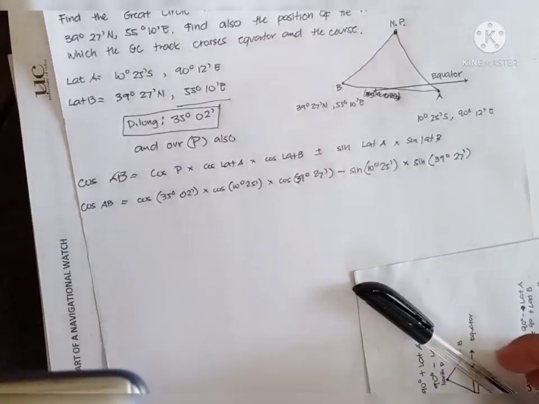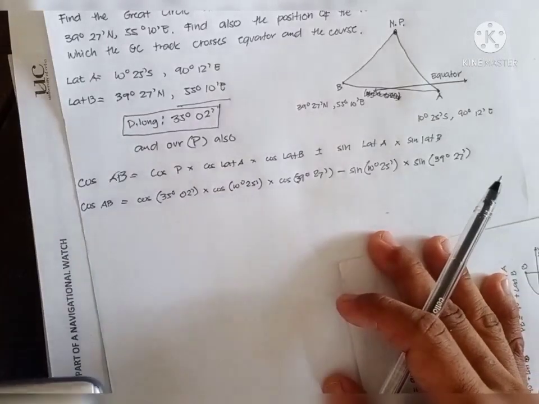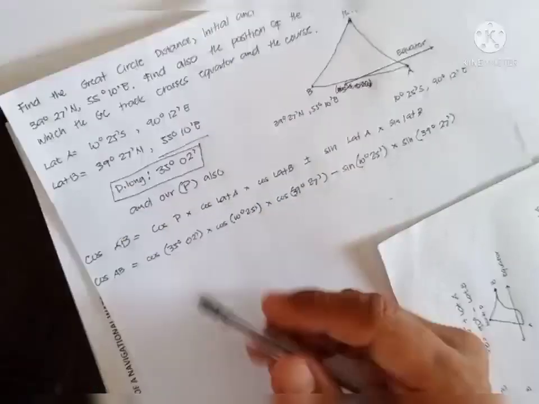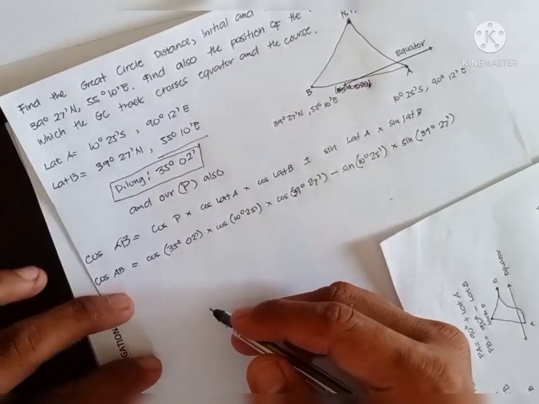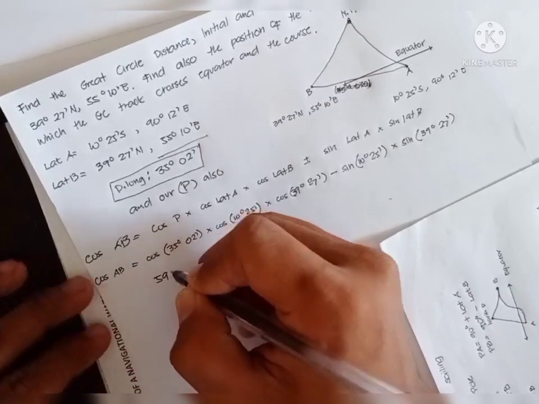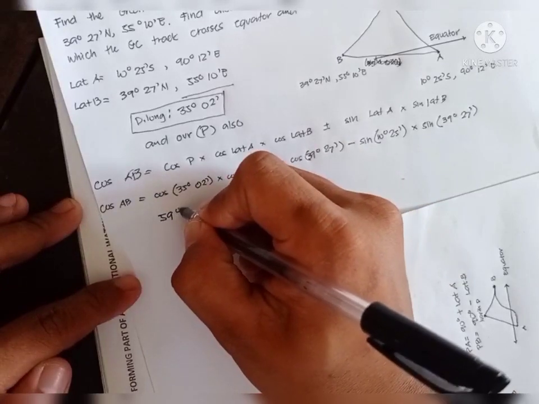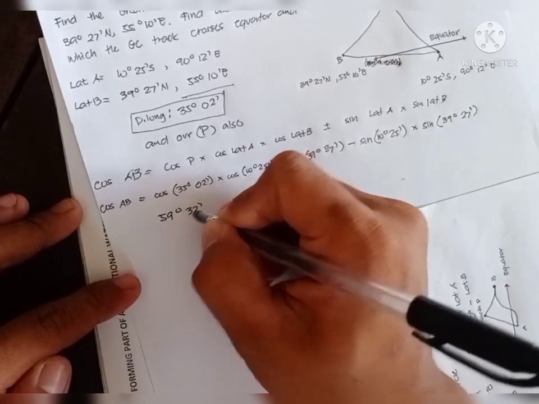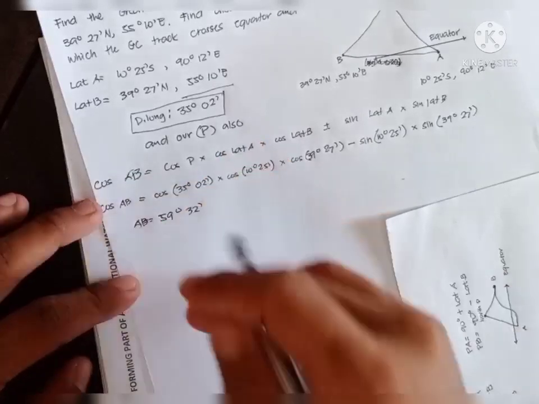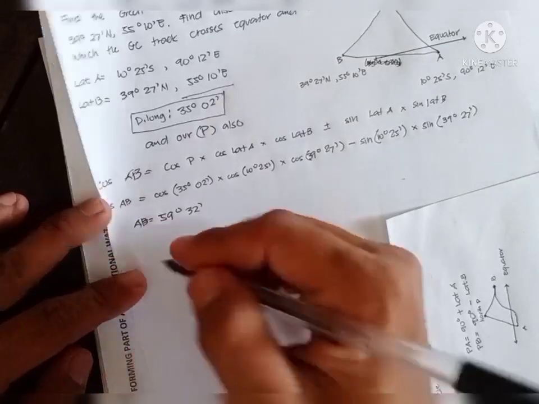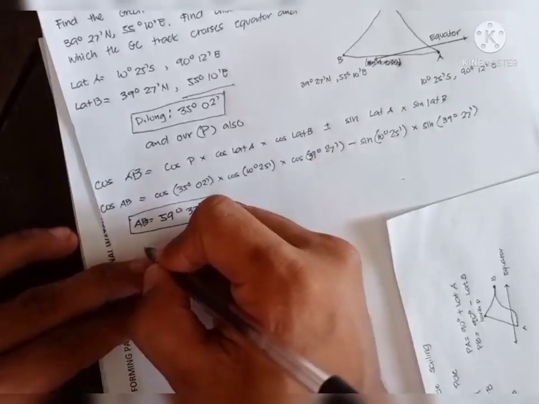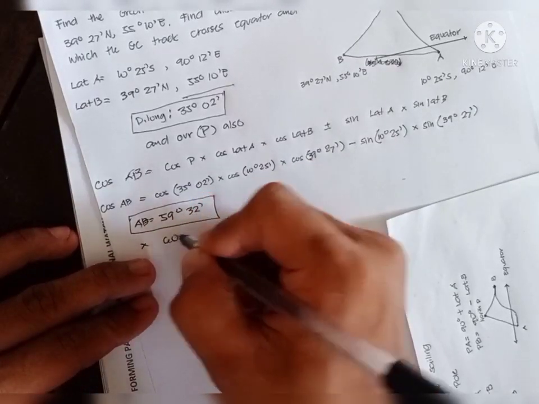So here we will come up to the answer of 59 degrees 32 minutes. Here is our AB. In order to find the distance, we are going to multiply it by 60.